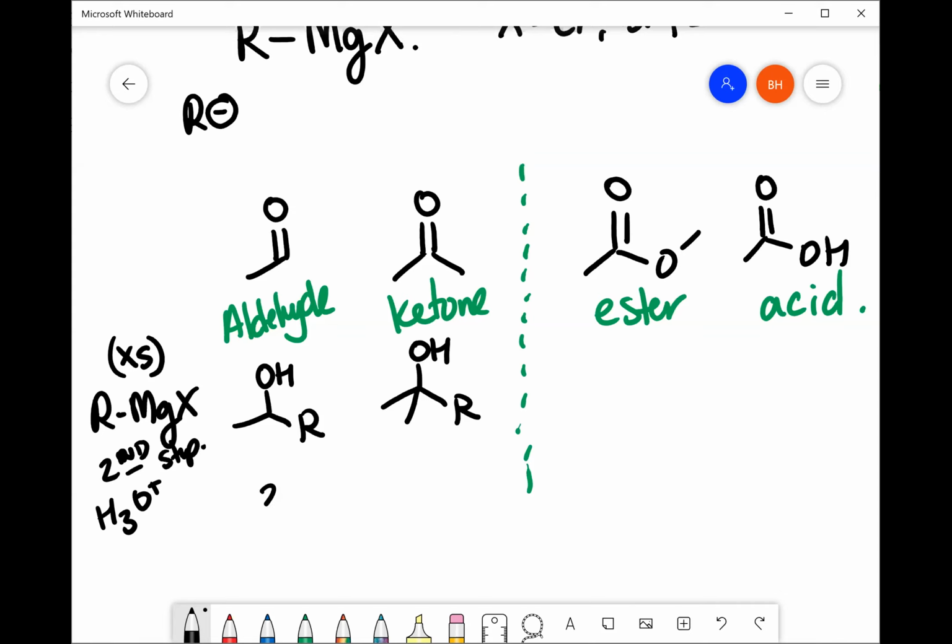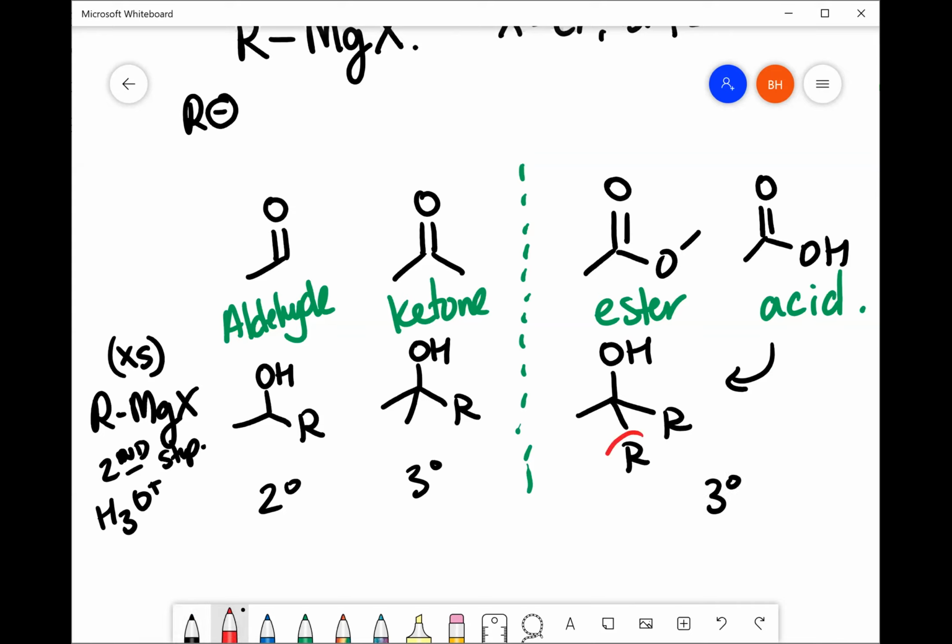So aldehydes now become secondary alcohols. Ketones now become tertiary alcohols. Esters become tertiary alcohols. And so do acids. So both of these make the same thing, tertiary. The difference here is that for the esters, the R's added twice.